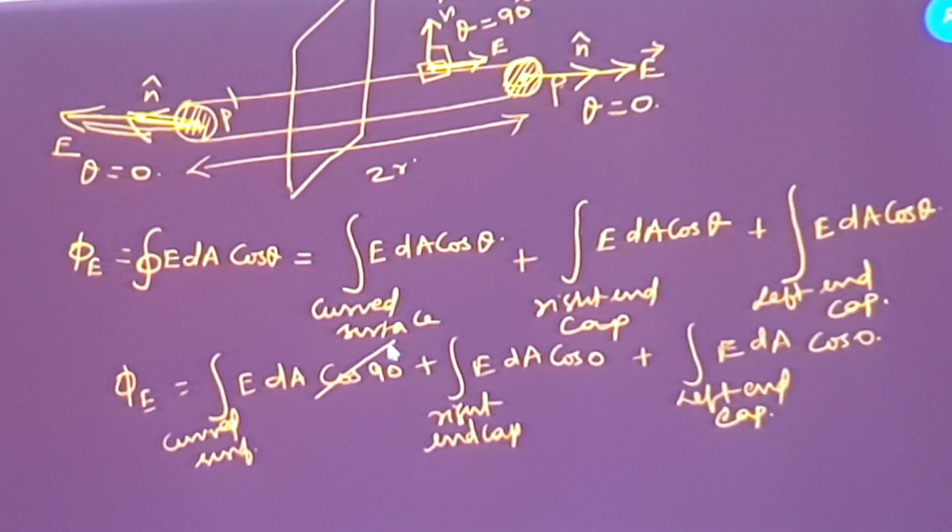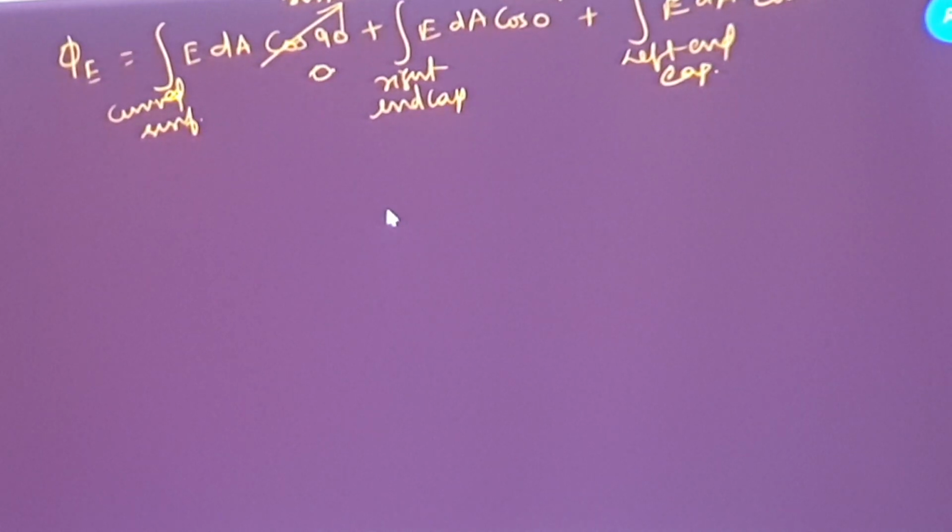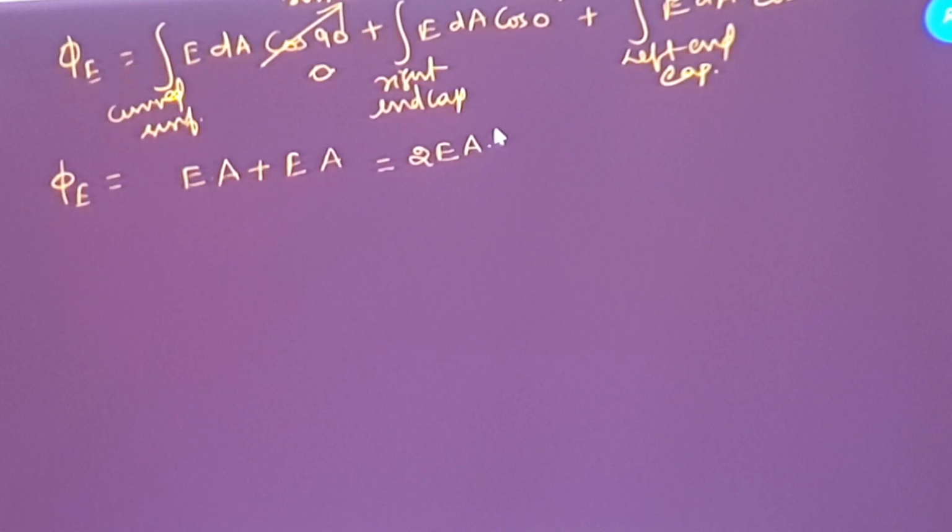Since cos 90 becomes 0, what is the value of the total flux? The electrical field is E, constant, and integral of dA is A, so I get the value as 2EA.